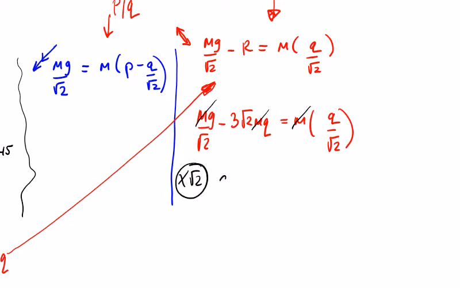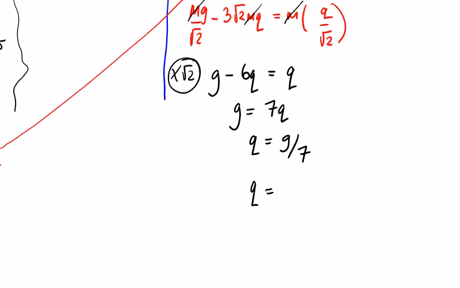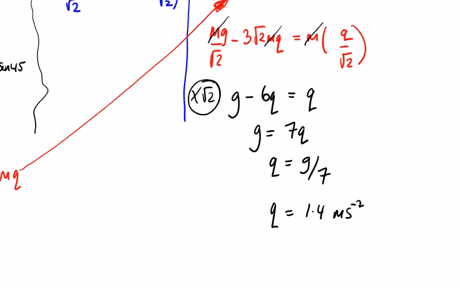So we're going to get g minus 3 by root 2 is 3 by 2, which is 6. And that's going to be equal to just Q because the root 2's will cancel. So we get g is equal to 7Q. So Q is equal to g over 7, which divides evenly. 9.8 divided by 7 is 1.4 m s to the minus 2, which is my Q.